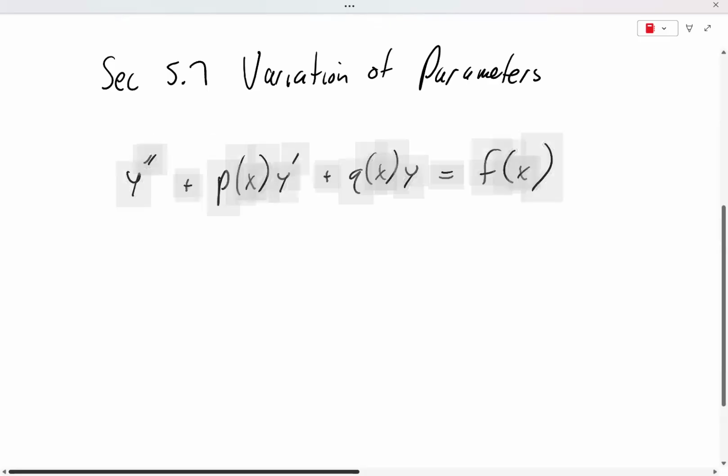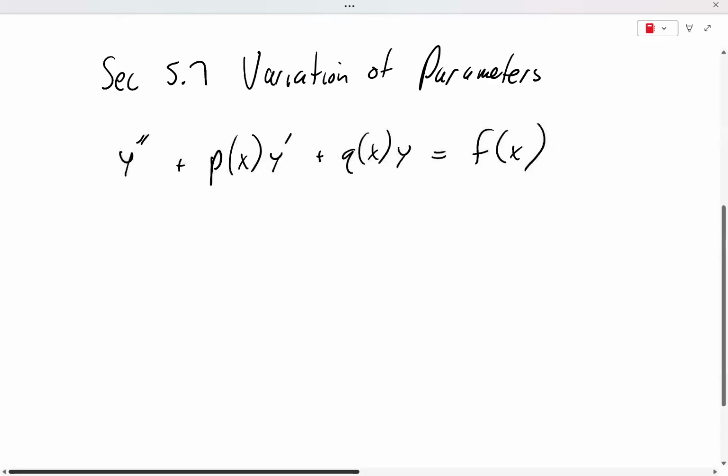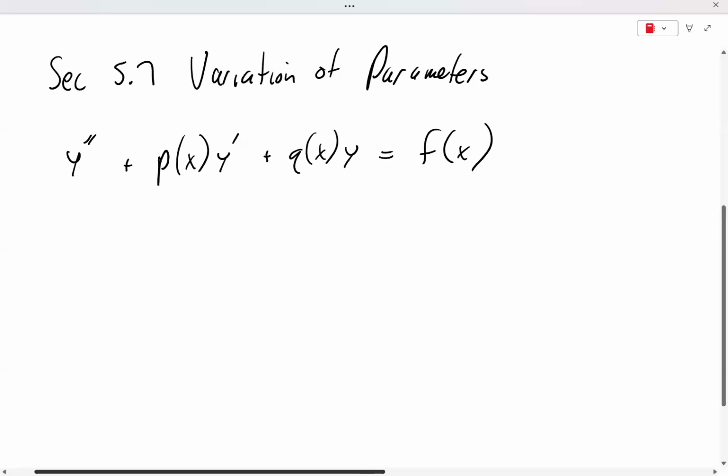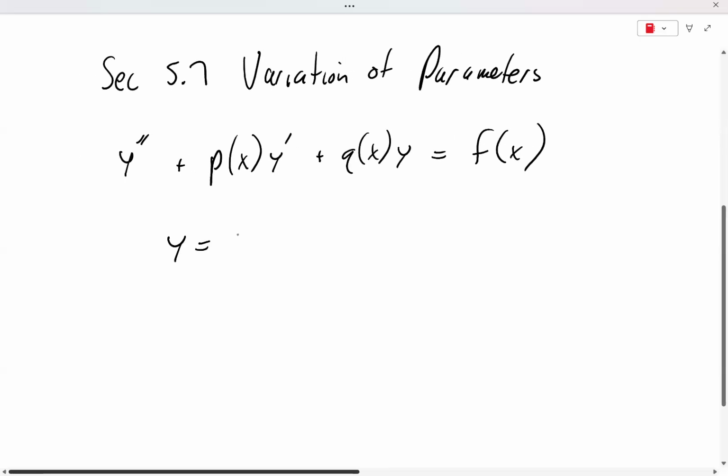So same thing I wrote before here. Basically, I have your second order differential equation here. And then what we got, the general solution for this, is y equals y sub c plus y sub p.